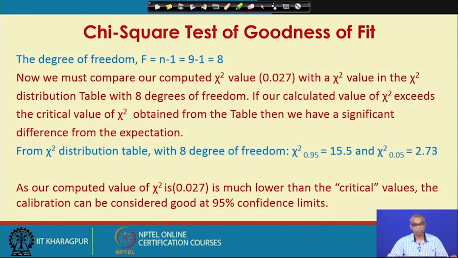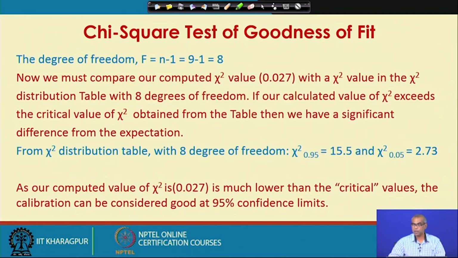The degrees of freedom here is number of groups of observations minus 1, which is 9 minus 1 equals 8. Now, we must compare our computed chi-square value, which is 0.027, with the chi-square value in the chi-square distribution table with 8 degrees of freedom.